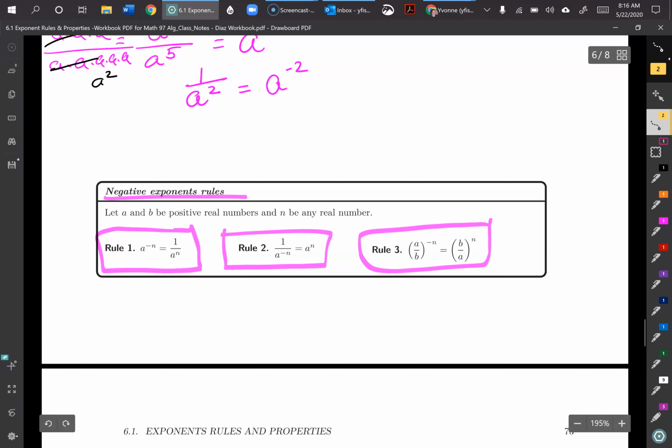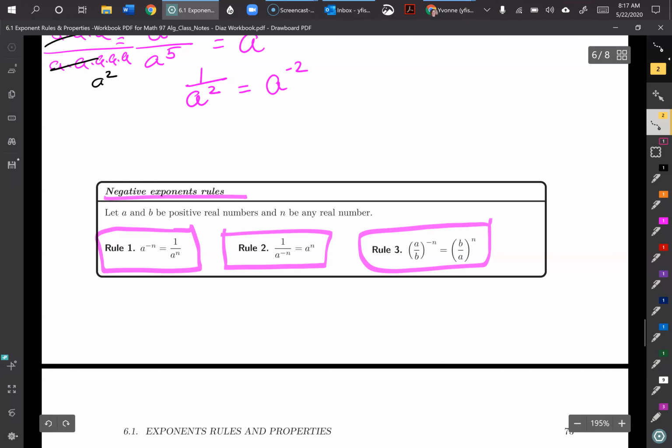So here, if we have the opposite, 1 over a to the negative n, that will come up and go in the numerator, and the sign of the exponent changes, but not the coefficient, which in this case is just 1.